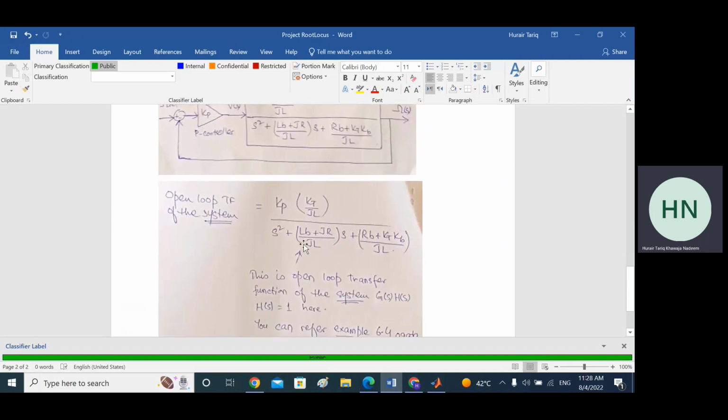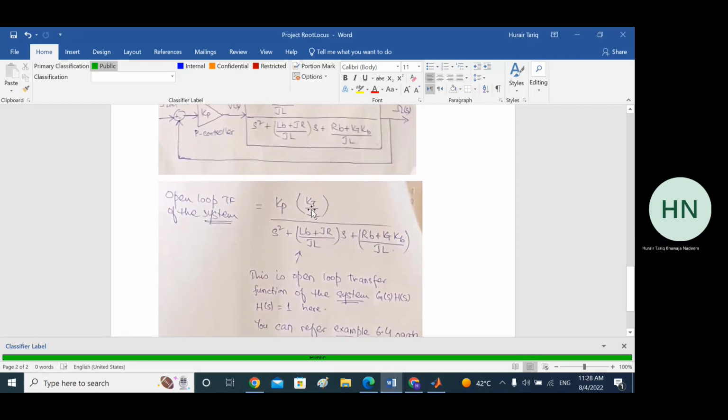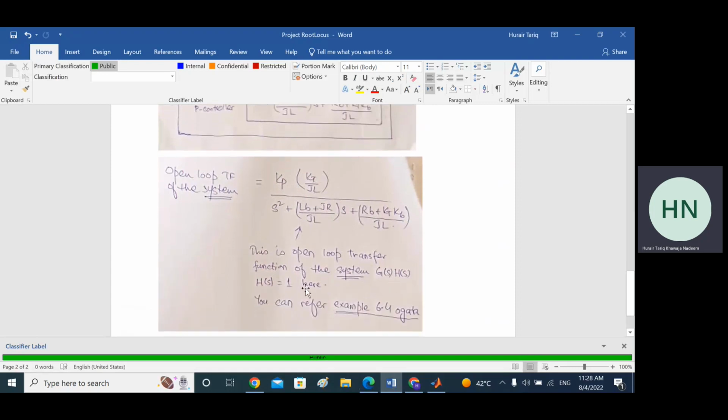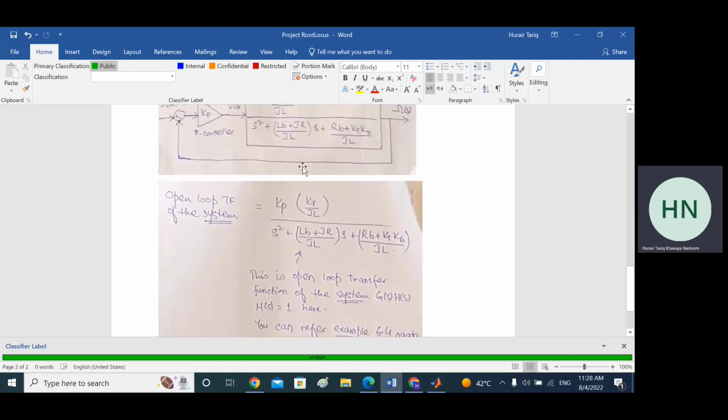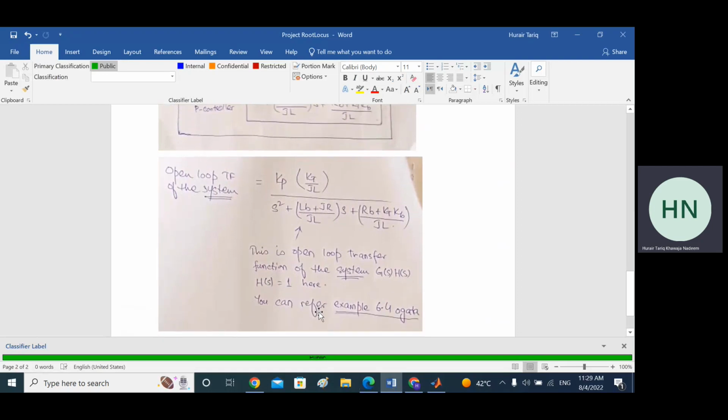So you multiply this KP with KT over JL, and you get this open loop system. This one multiplied by this one is actually G(s), and H(s) is 1 in your case, because there is no block over here.